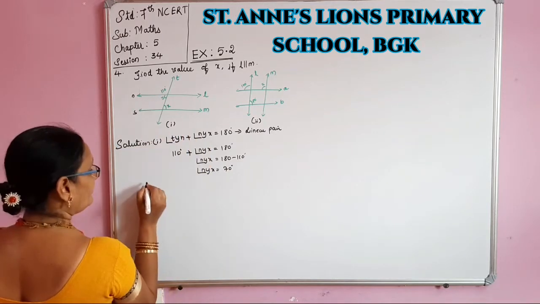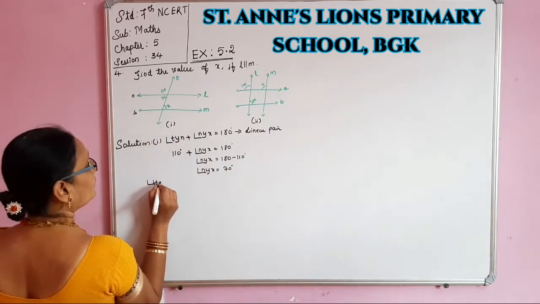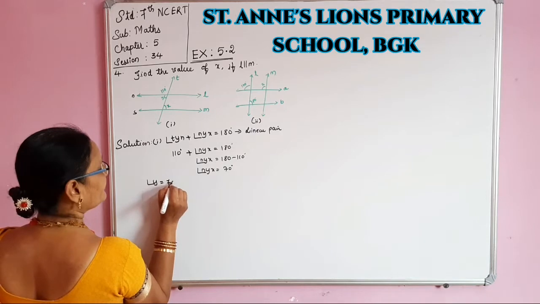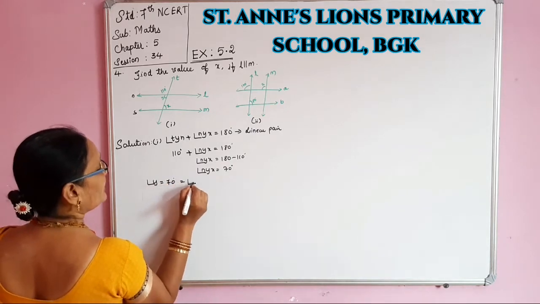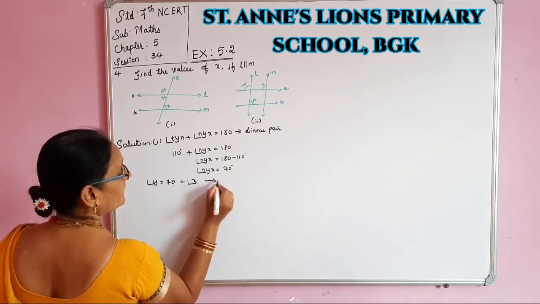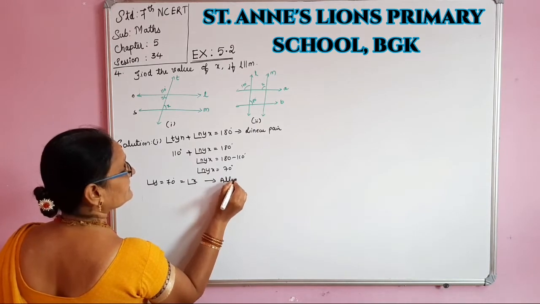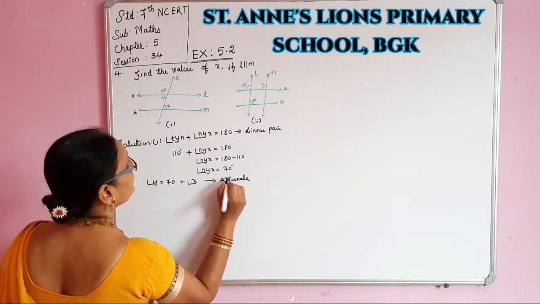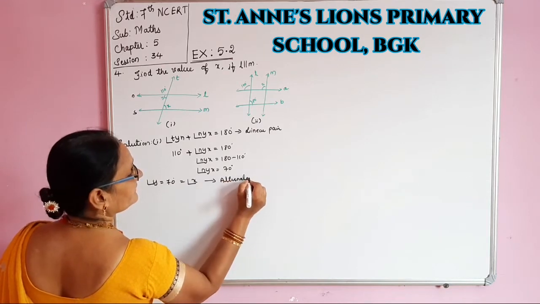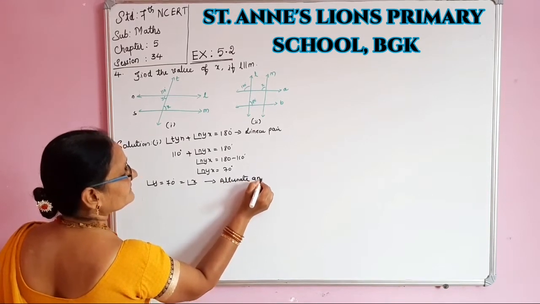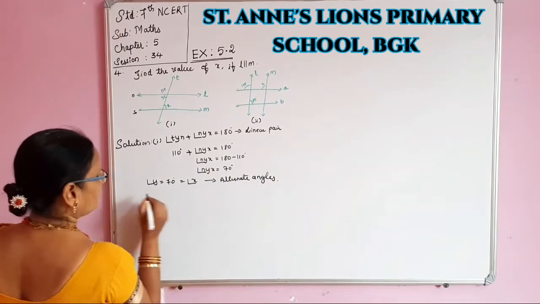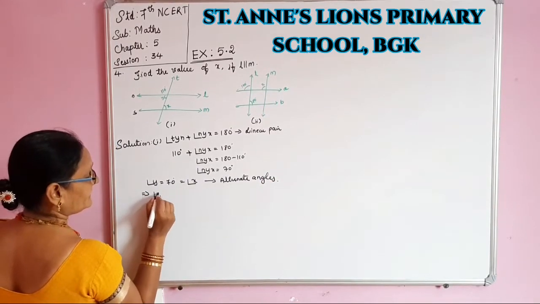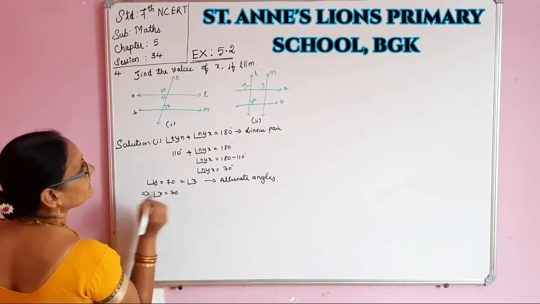See now we got angle y equal to 70 degrees. This is equal to angle x. Why? Because they are alternate angles. So this implies that angle x is equal to 70 degrees.